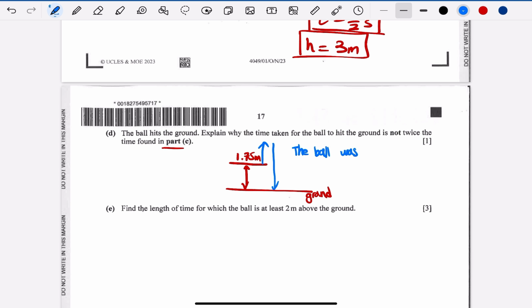Therefore, what we can explain is that the ball was thrown 1.75 meters above the ground. Therefore, the time would not be twice.